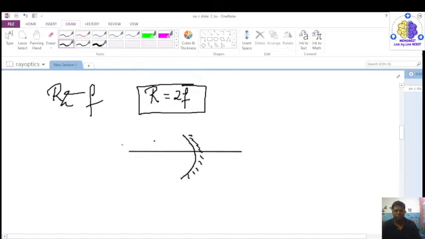Now suppose a light ray is traveling in such a way that it is parallel to the principal axis.